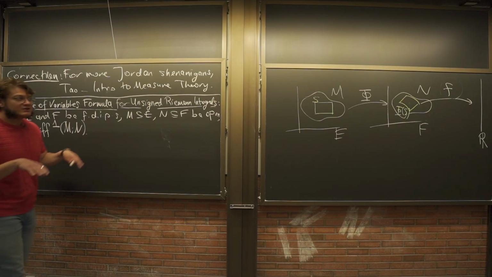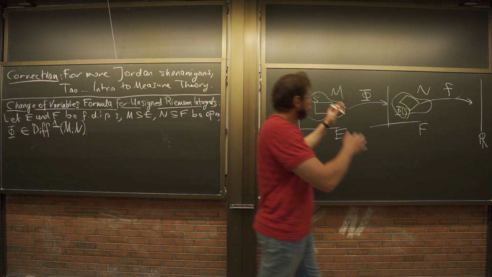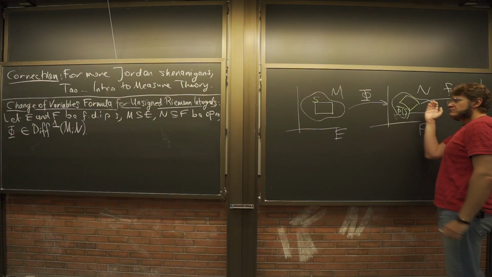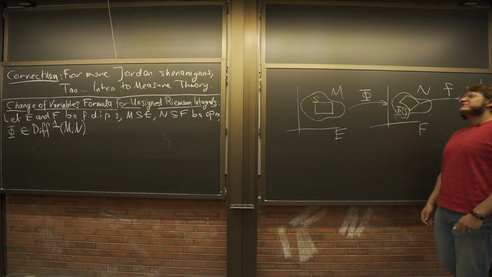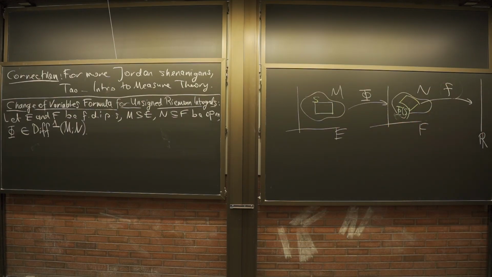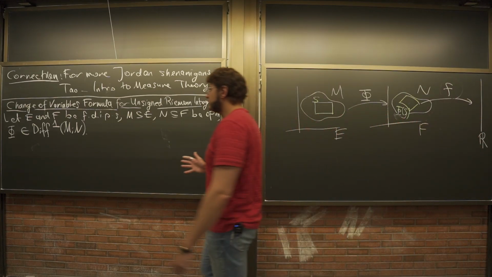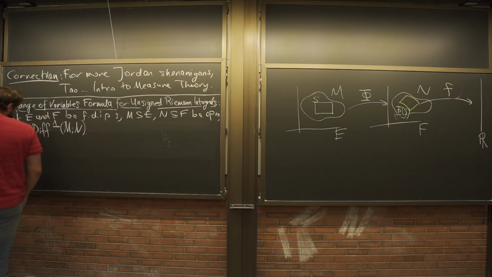That is to say, I want also phi inverse to be defined on all of N output that goes back to M, and likewise, I want phi inverse prime to exist at each point and in a continuous manner. That's what a diffeomorphism is. Remember, we also saw this phrase in the context of inverse function theorem, for instance. We said local diffeomorphism there.